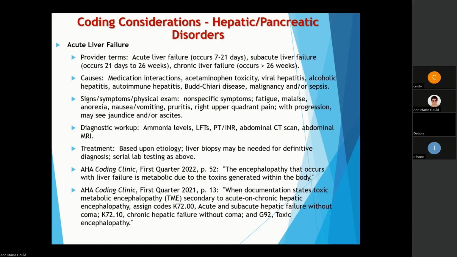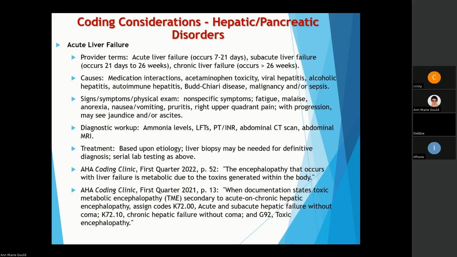American Hospital Association Coding Clinic, first quarter 2022, page 52, states that the encephalopathy that occurs with liver failure is metabolic due to toxins generated within the body. So you can have your metabolic encephalopathy associated with acute liver failure, right? Sometimes they may be very somnolent.